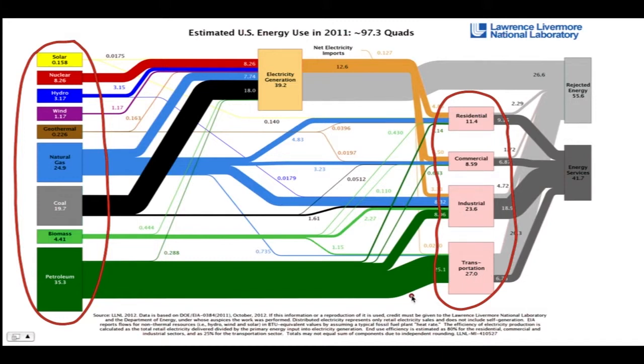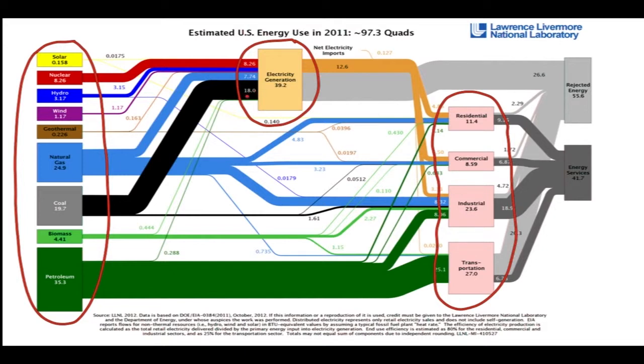So we're focusing today on electric power generation. So let's follow the flow of what comes into the electric power conversion process and what leaves the electric conversion plants that produce the electricity.